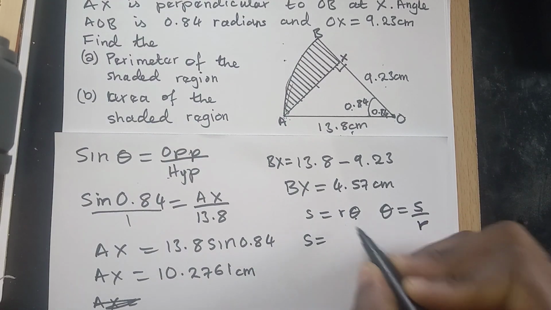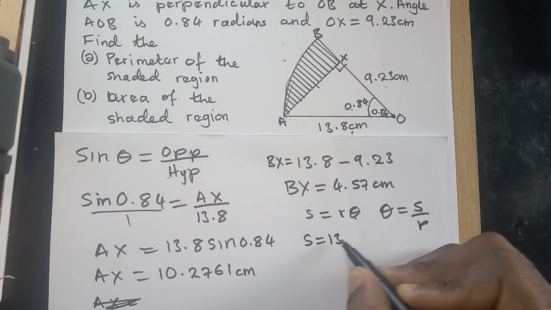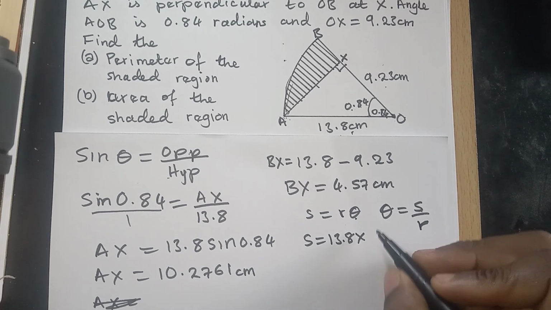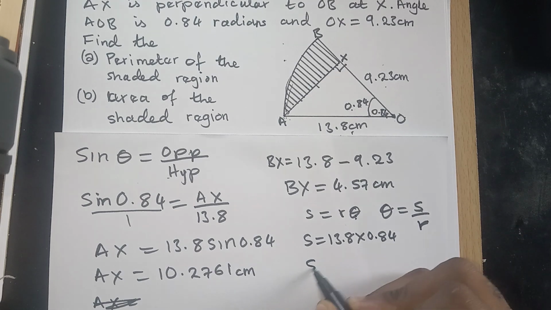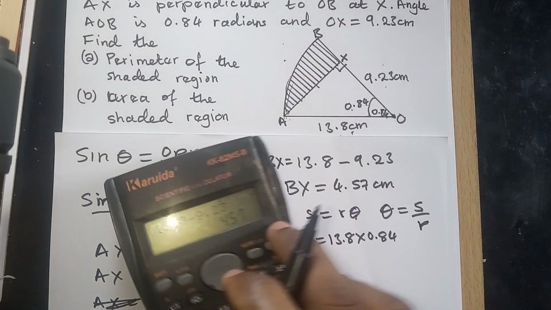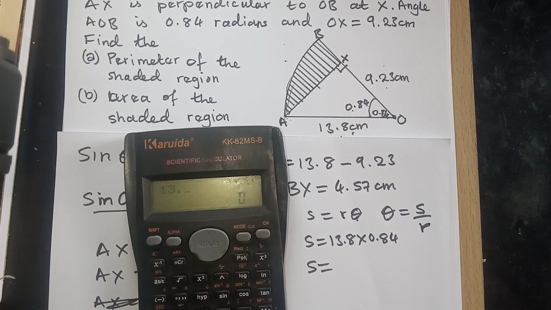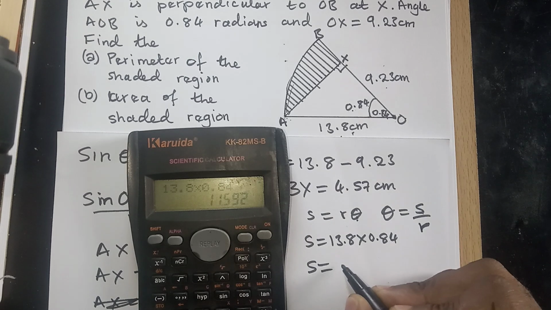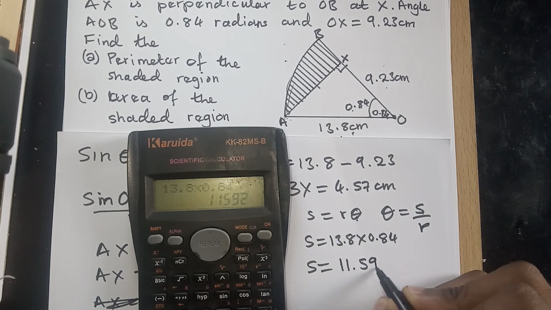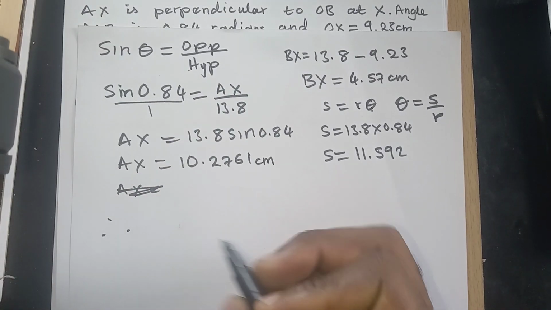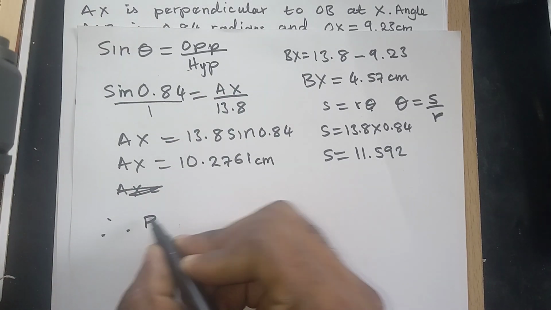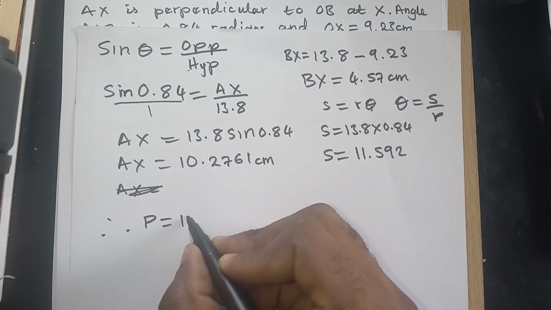So we have S is equal to the radius, which is 13.8, multiplied by theta, which is 0.84. Let's multiply these two numbers. 13.8 multiplied by 0.84 will be 11.592.